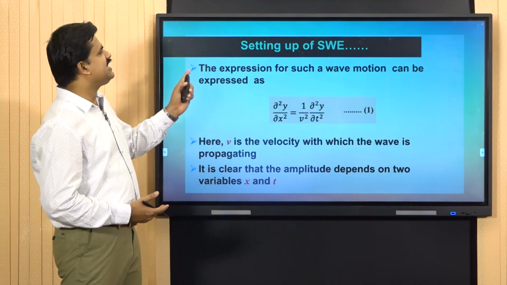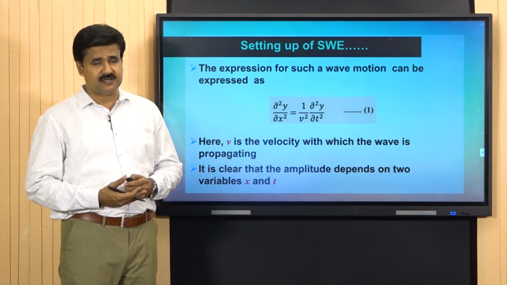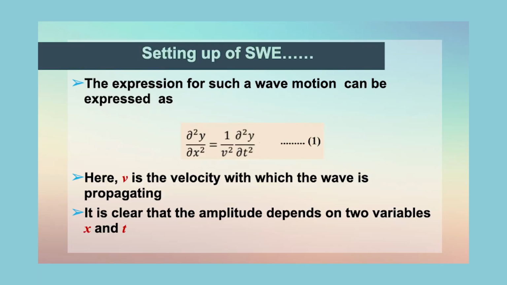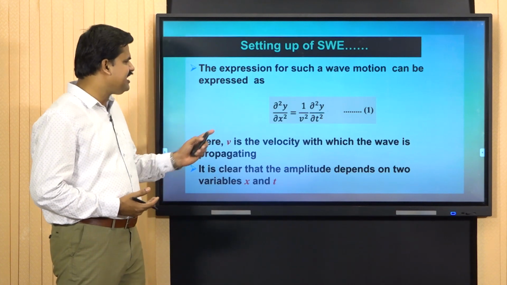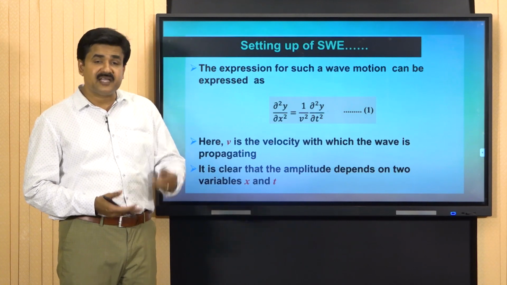Now, the expression describing such a kind of wave motion is like this, that is ∂²y/∂x² equal to 1/v² into ∂²y/∂t². Here, v is the velocity with which the wave is propagating.